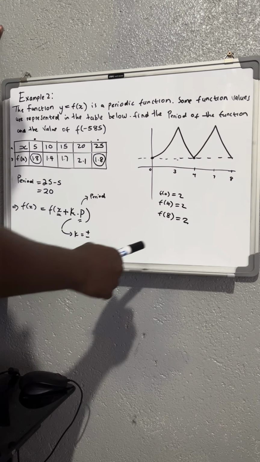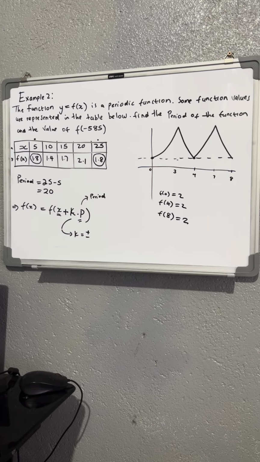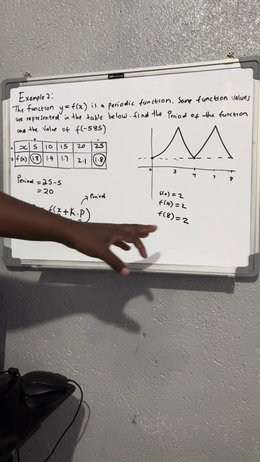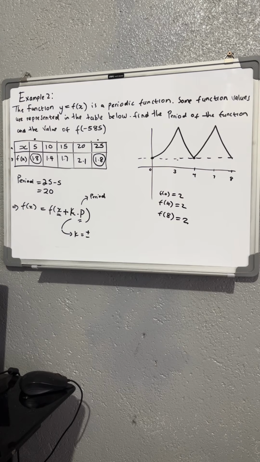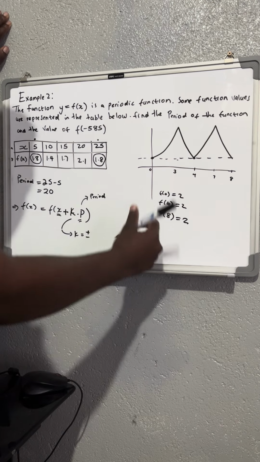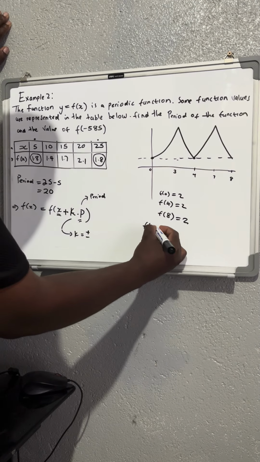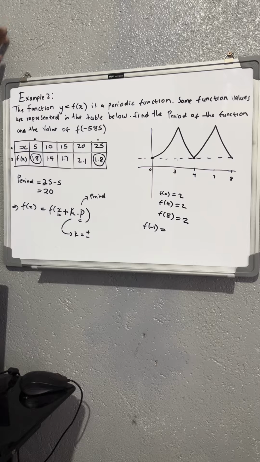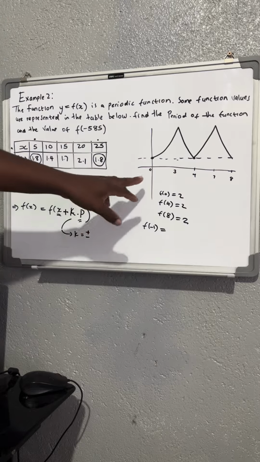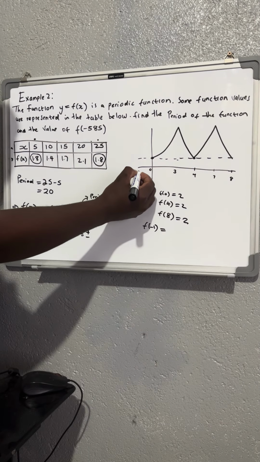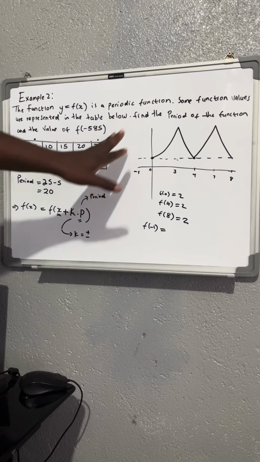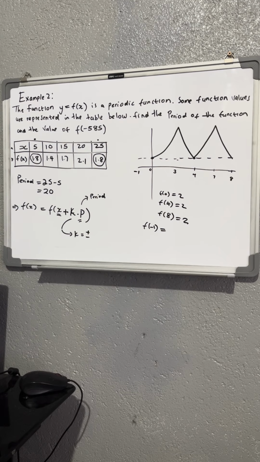So I'll just do a quick example here just to show you how you can do this one. So let's just say in this graph they tell you to find your f of -1, but you notice that your minus 1 is going to be somewhere along here, which is not given to you. You're only given that portion.